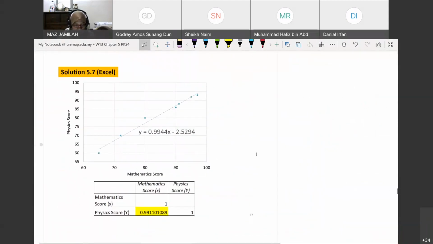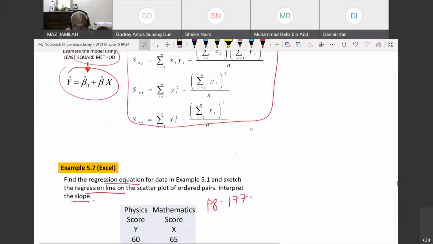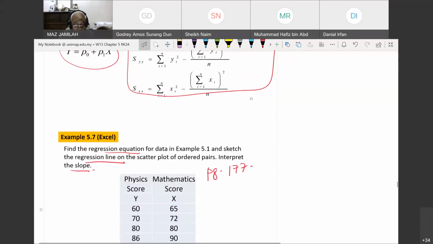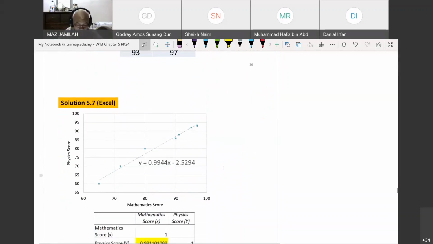Okay, so in this case, what were the questions just now? Find the regression. The question just now: sketch the regression line on the scatter plot, find the regression equation and interpret the slope. Now what can we say about the slope?